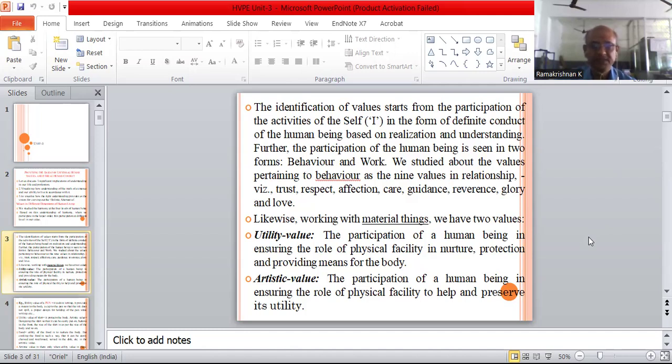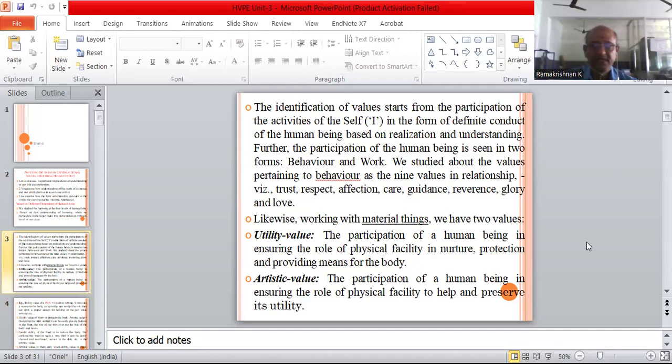So it is based on utility. The second one is the artistic value. It deals with the participation of every human in ensuring the role of physical facilities to help and preserve the utility. So these are the two types of values.